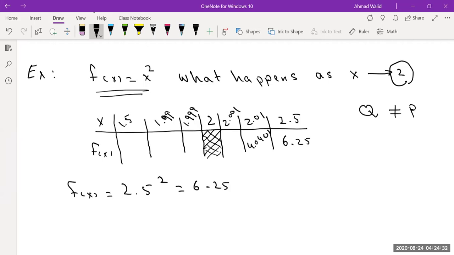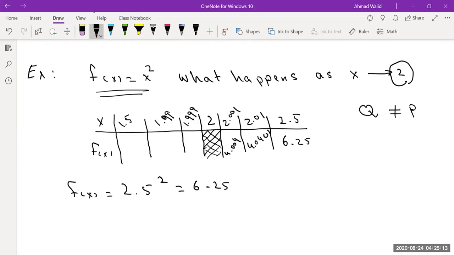And if you plug in 2.001 in your function, and you square it, 2.001 squared gives me 4.004001, which is really, really kind of close to 4, right?